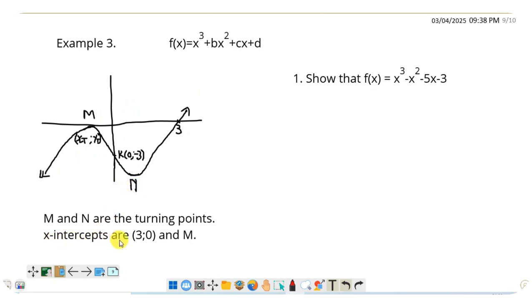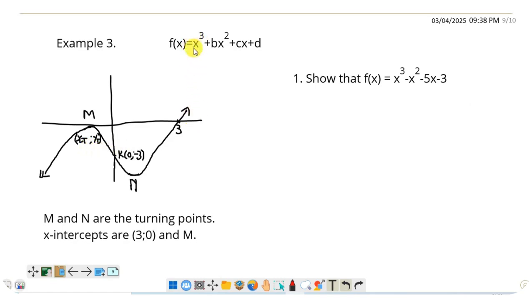The x intercepts are 3 and 0, because when x is 3, y will be 0, and another x intercept is at M, because the graph turns exactly on top of the x-axis line. Okay, so they say show that f of x is equal to x cubed minus x squared minus 5x.